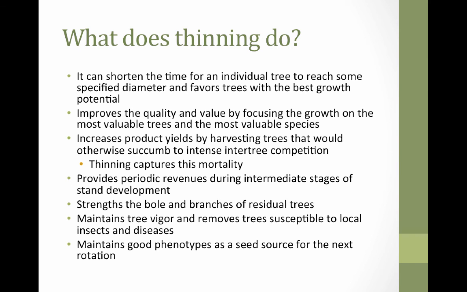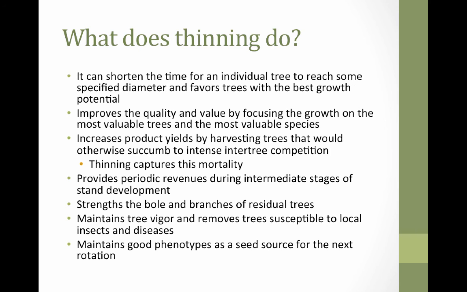So thinning can shorten the time for an individual tree to reach some specified diameter and favors trees with the best growth potential, improves the quality and value by focusing the growth on the most valuable trees and the most valuable species, increases product yield by harvesting trees that would otherwise succumb to intense intertree competition.